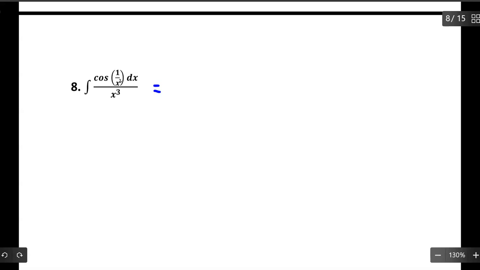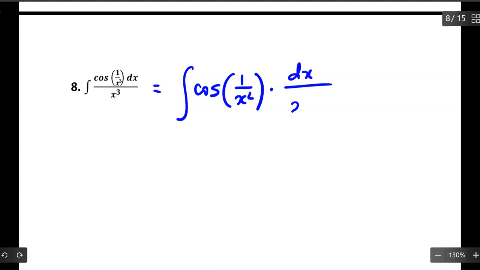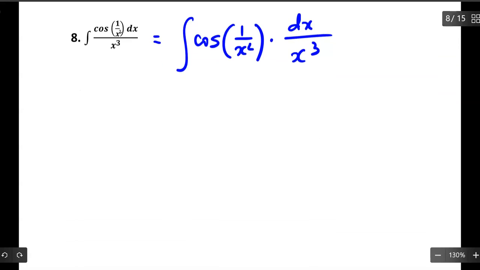So I am going to rewrite this to make sure that we are clear. It will be the integral of cos of 1 over x squared multiplied by dx divided by x to the exponent 3. Alright, we are going to let u equal to 1 over x squared.